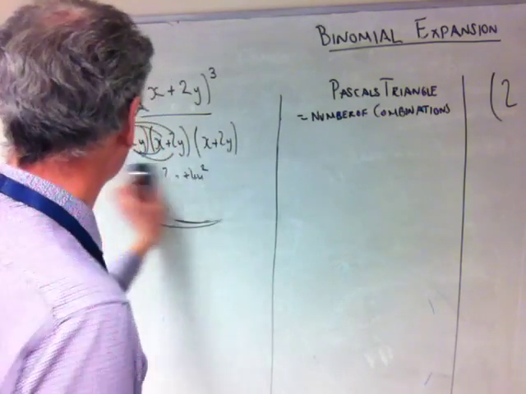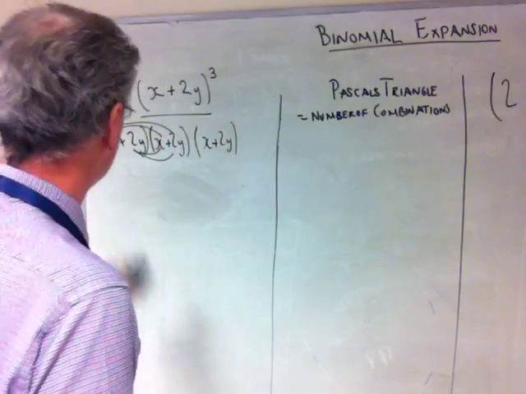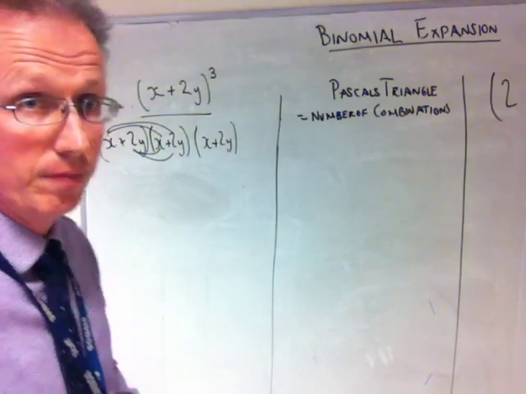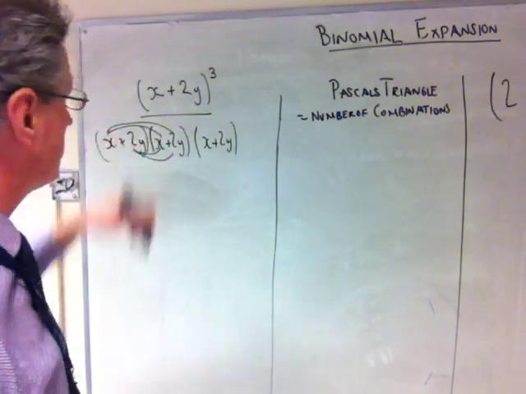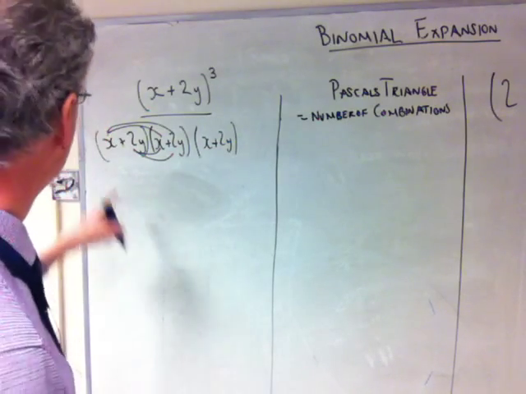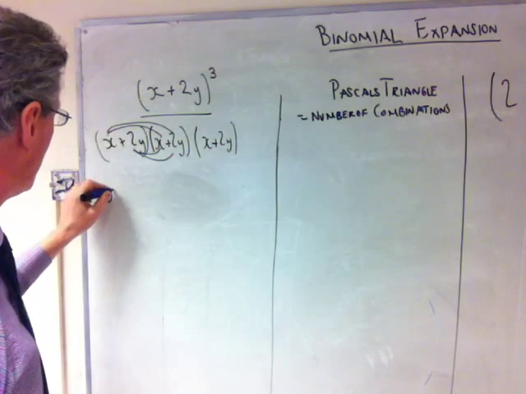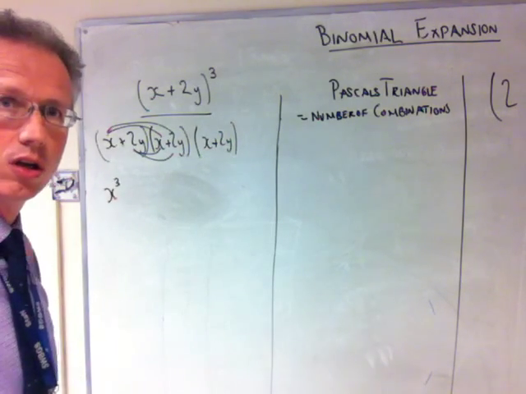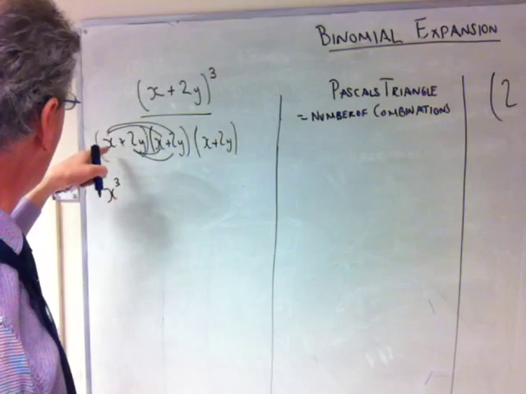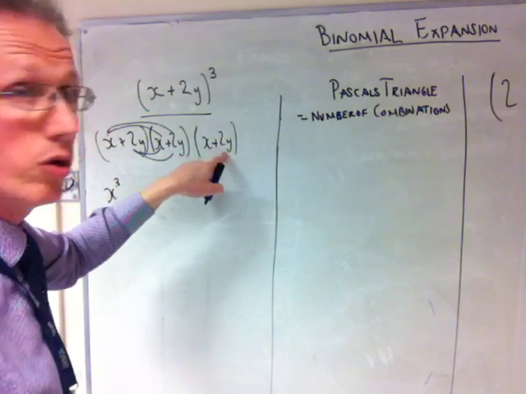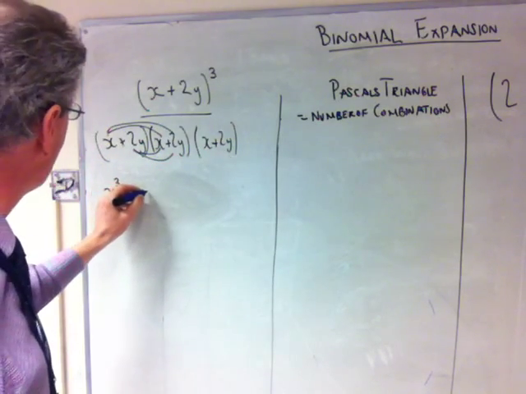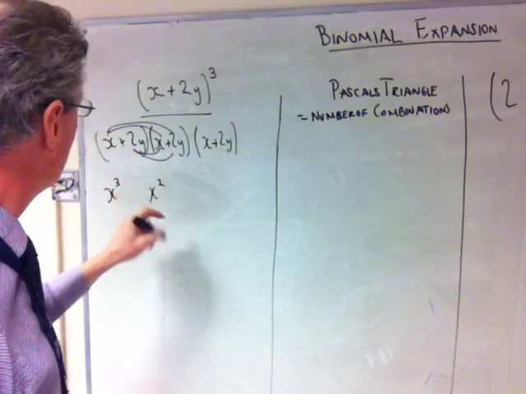What I can tell you is that when we expand this one, we've got x times x times x, so we know there'll be an x cubed term. The next one will be x times x times 2y, so that would give you an x squared term.